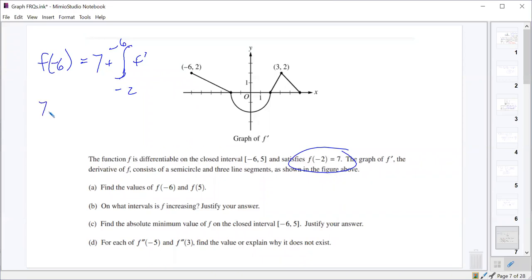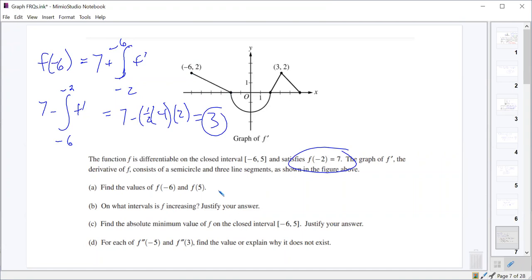So we would have written that as 7 minus the integral from -6 to -2 of f prime, and then we would have found that integral. So we have 7 minus, from -6 to -2, that's just 1/2 of the base, which was 4, and the height, which was 2. So what does that come out to be? 7 minus 4, 3.